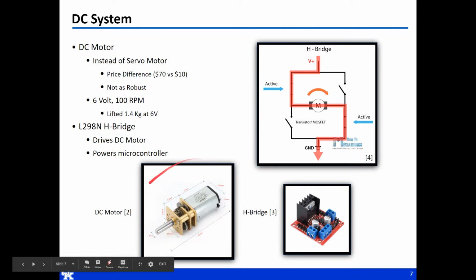This is the exact motor that we went with. It's a 6 volt 100 RPM motor. It lifted 1.4 kilograms at 6 volts, which is pretty hefty, and it was only $10. Unfortunately, the code for that ended up not being as good with the DC motor as it would be with a servo.